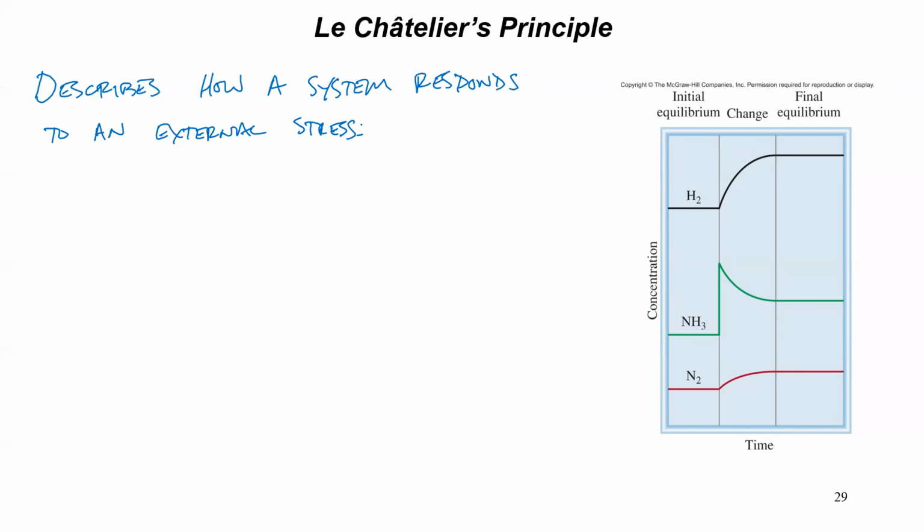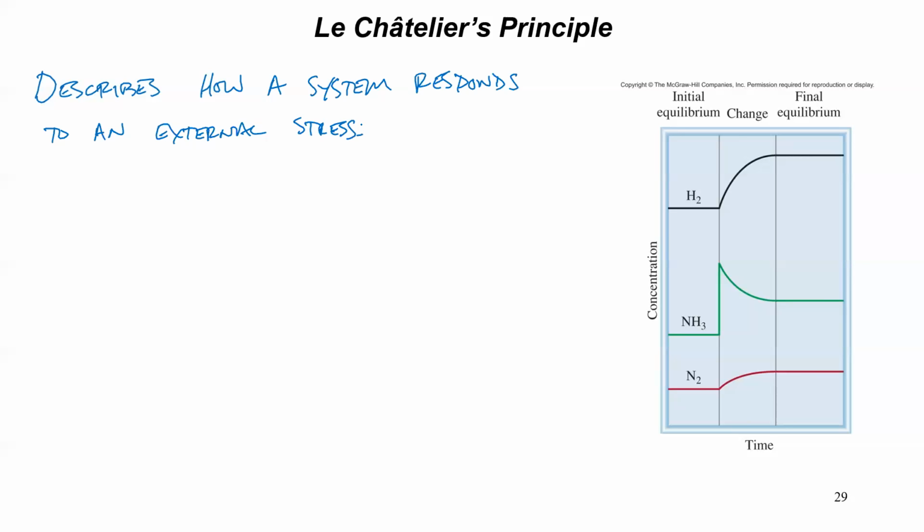Maybe one of the things that I saw a lot of groups getting caught up on Monday was that when we talk about what an external stress was, it was easy to confuse that external stress with what the internal system, the actual chemical reaction, was doing.